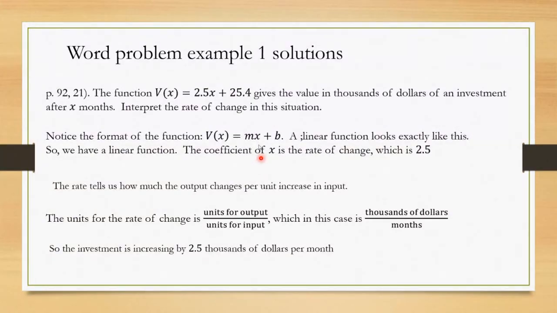In other words, if you were to increase x here by 1, the function is going to increase by 2.5. So that's what the rate of change tells us. You increase x, your input, by 1 unit, then the function will increase or decrease by whatever the slope is. So if we went from x to 1, v of x will increase by 2.5.